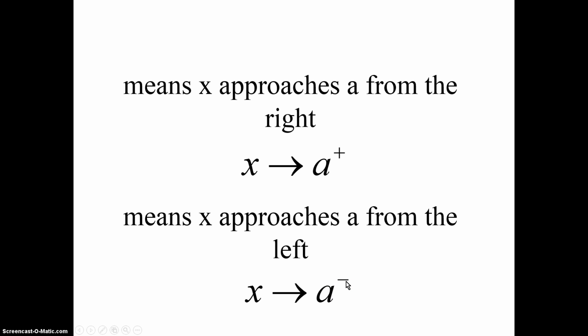For example, if we approach 7 from the left-hand side, then that means it could be anything to the left of 7, such as -5, -4, -3, -2, -1, 0. And then it could also be 6.9, 6.99, 6.999. So, again, as long as you're able to distinguish what's on the left and what's on the right, you'd be perfectly fine with this concept.